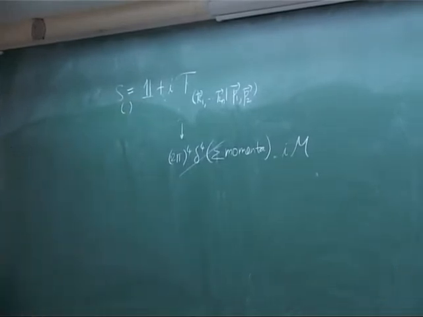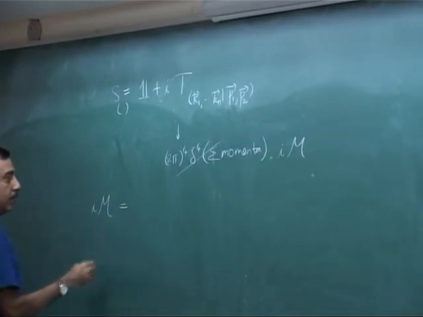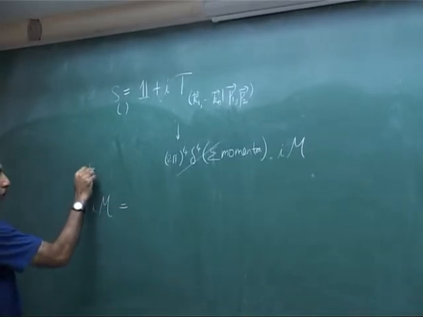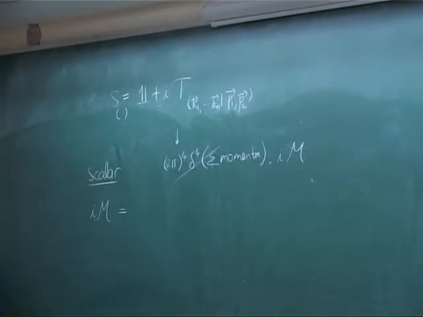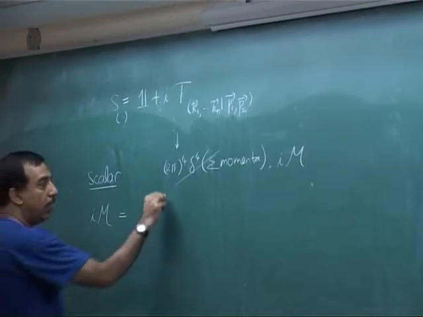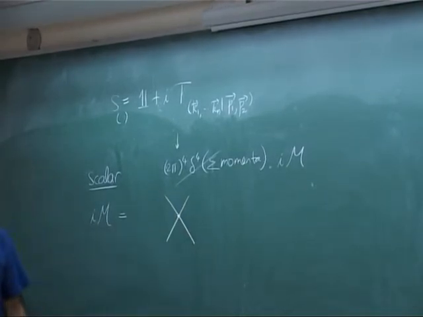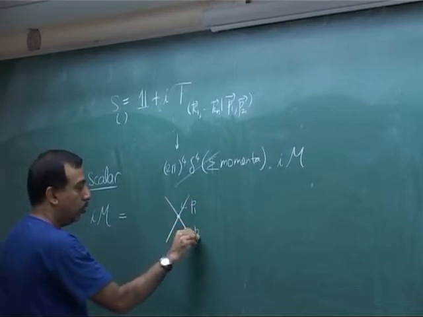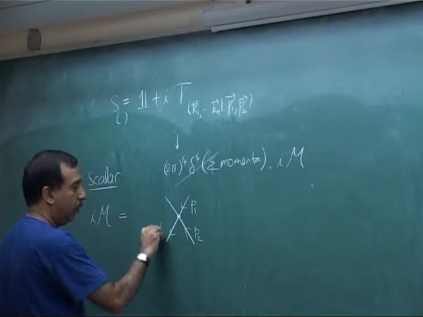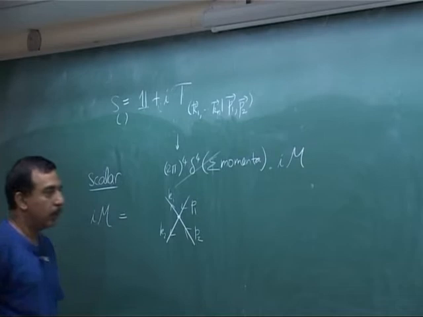Now at the end, the prescription for iM in scalar theory, φ⁴ theory, which was the only case we considered last time, was the following. The very first diagram is this diagram. Now here, this is P1, P2, and these are K1 and K2.